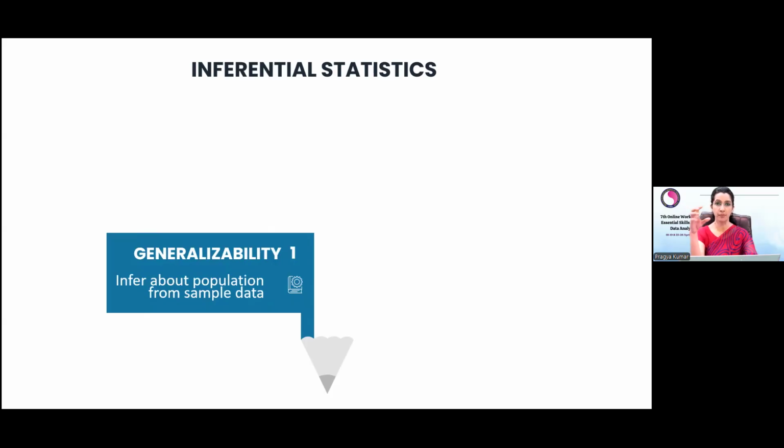From a sample, remember in the morning we discussed the sample and the population, and we said the term statistic is used for the sample, and for the population we use the parameter. So through the sample, you infer about the population. That is what we mean by generalizability. So from inferential statistics, you can do the generalizability.